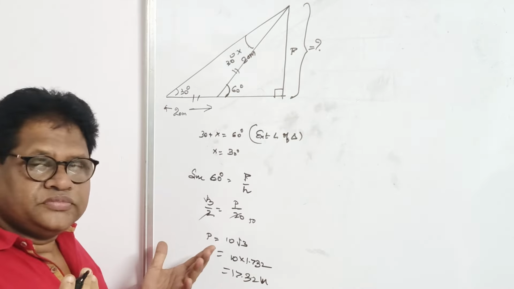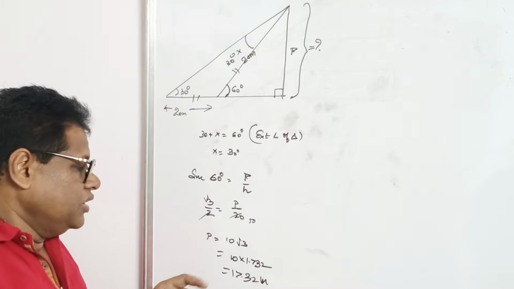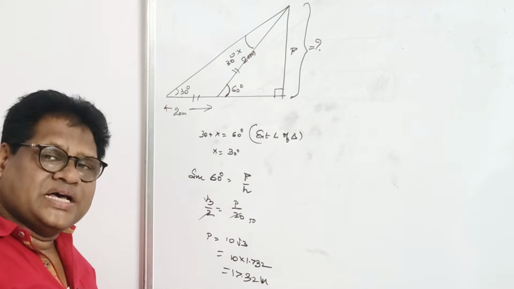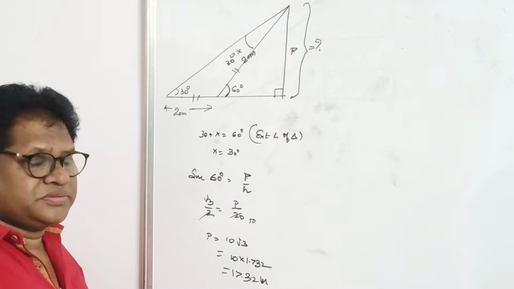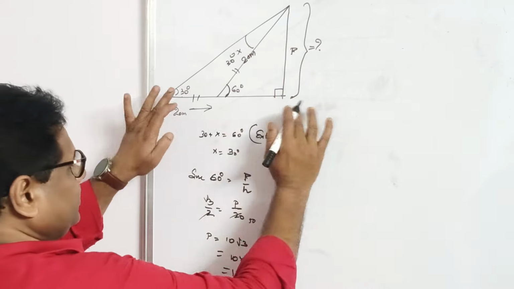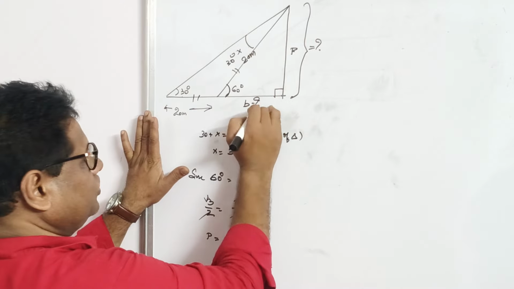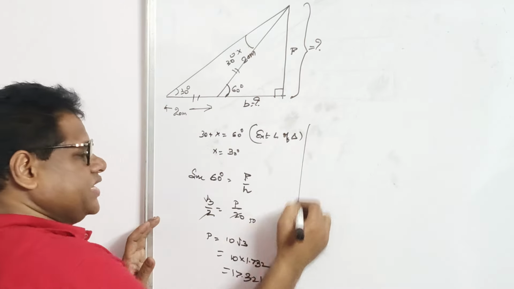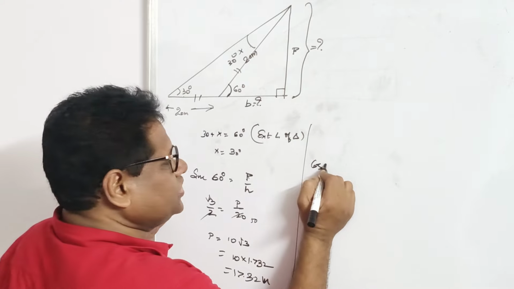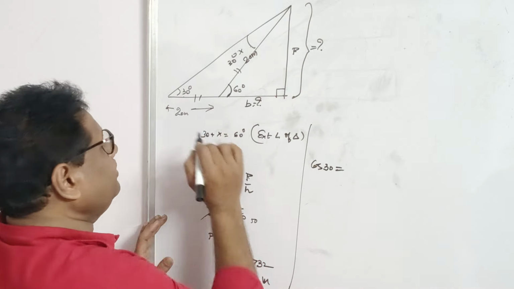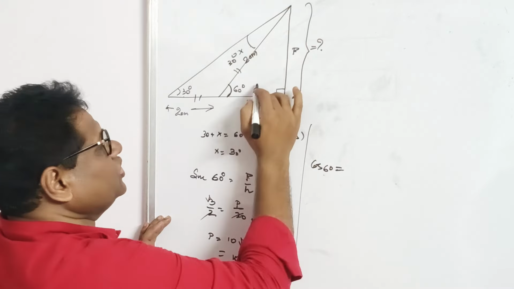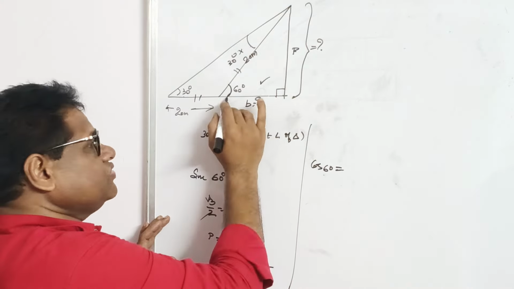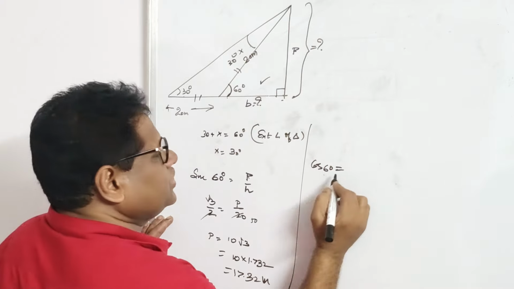Please remember, put the value of root 3 at the last, don't put it in the middle, otherwise your calculations become complex. Now if you want the base, suppose you want this one, then you have the second option: cos 60, because you are handling this triangle, cos of 60 equals base by hypotenuse.